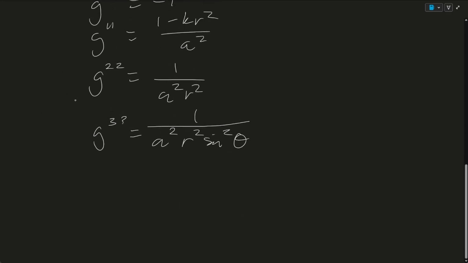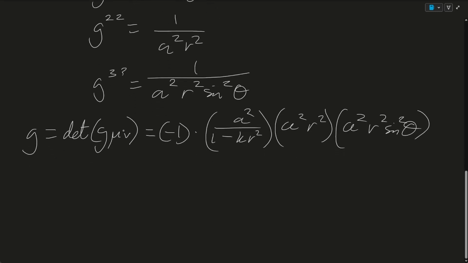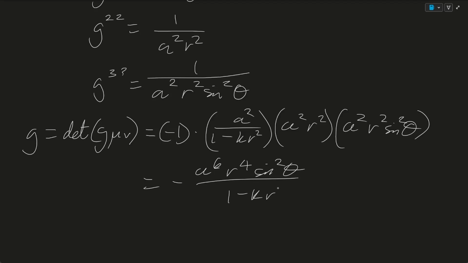We can find the determinant, which might be useful. The determinant of a diagonal matrix is just the product of its diagonal entries, so that we'll call g is the determinant of g mu nu, which is -1 times 1 minus k r squared a squared times a squared r squared times a squared r squared sine squared theta, which is just minus a to the 6 r to the 4 sine squared theta over 1 minus k r squared.